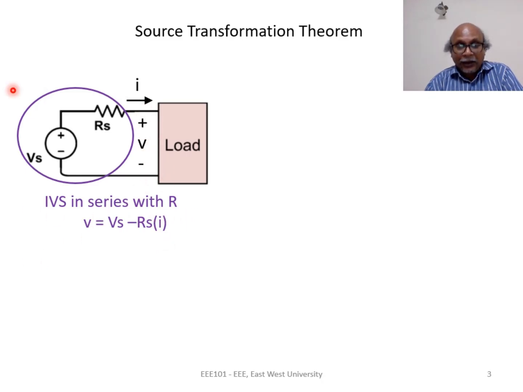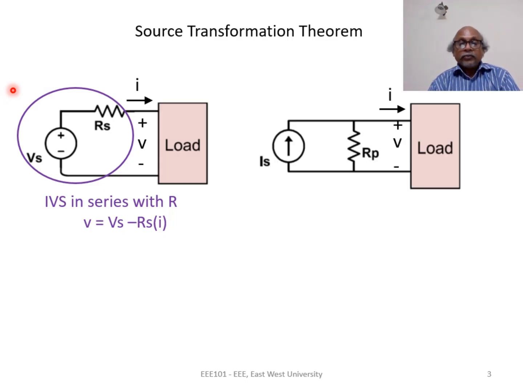Now let us consider another possibility where we have an ideal current source Is in parallel with a resistance Rp. Again, we are interested in the terminal IV characteristics of this parallel combination. That is, what is the voltage V and the current I across its terminals.